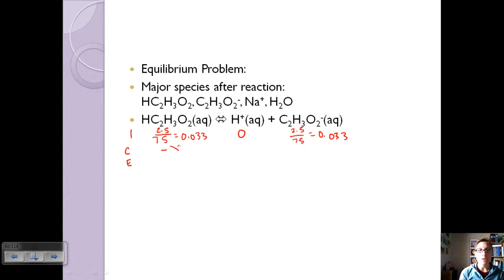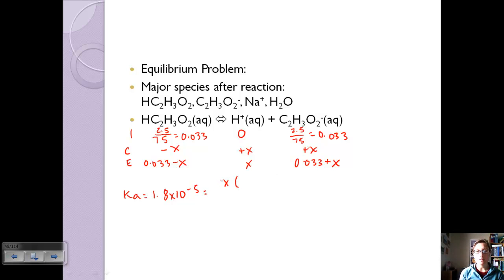Our change, we're going to subtract x, plus x, plus x. So our equilibrium is 0.033 minus x, and 0.033 plus x. So again, we can plug into our Ka, which was 1.8 times 10 to the negative fifth. We're going to make the same approximations we did before, so here's our H+.